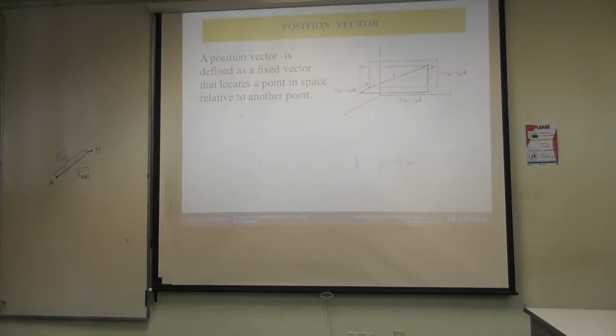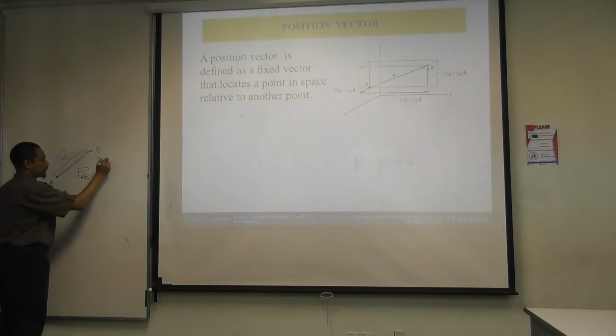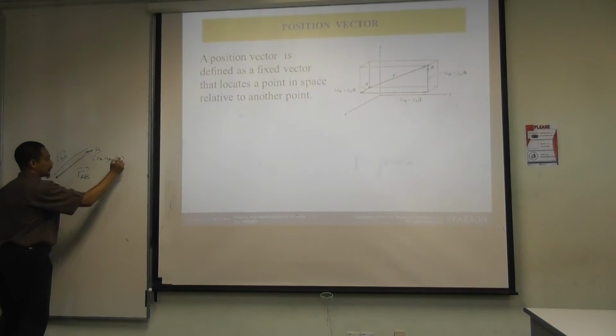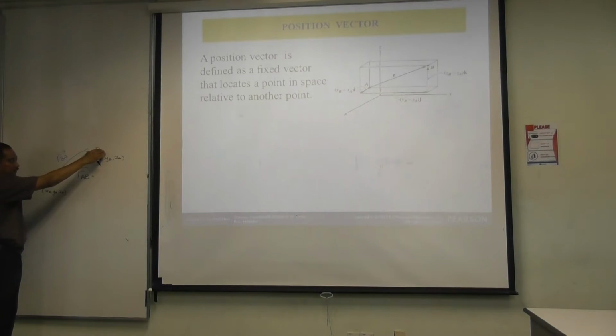How to calculate is basically if you know the coordinates. So if here is XA, YA, ZA, and XB, YB, ZB, then for RAB you take the destination, the end, minus the beginning.